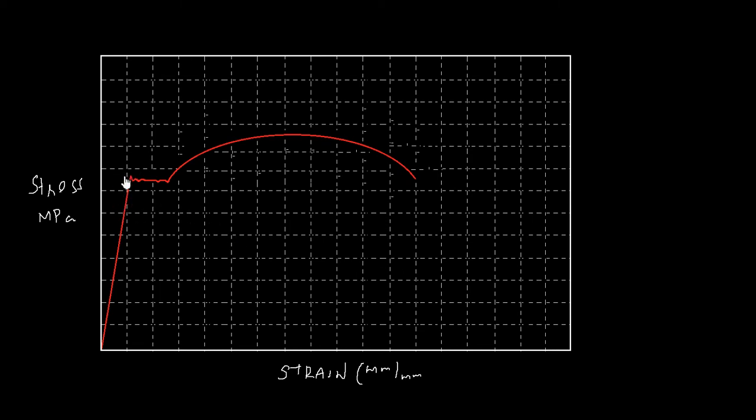You can see this up until here is one region, and from here till here you have region 2. From here till the top position of this curve you have your third region, and from here to the tip of the curve you have your region 4.